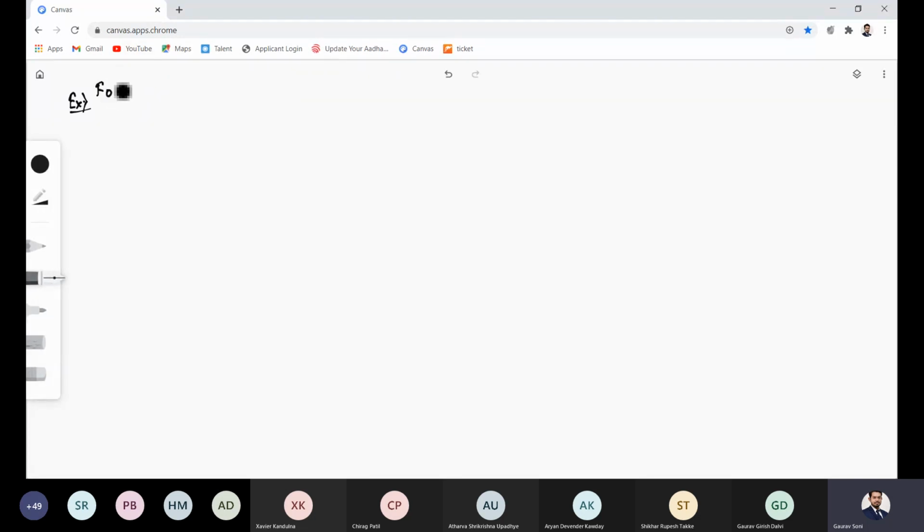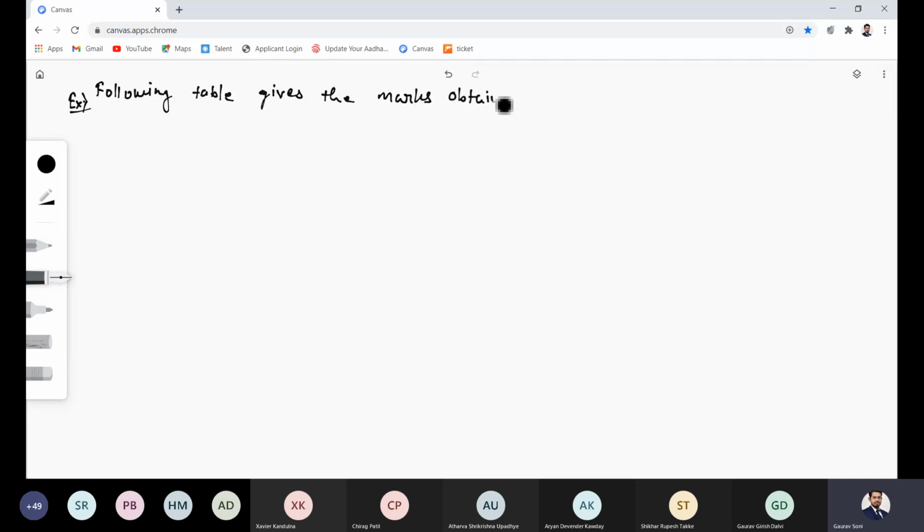The following table gives the marks obtained in paper of maths by the students of two divisions.